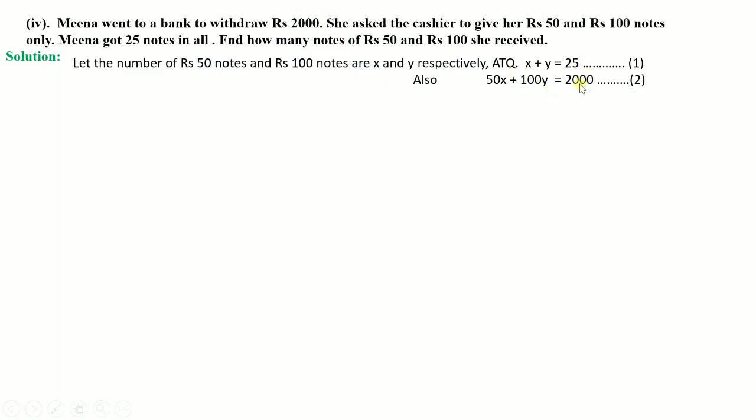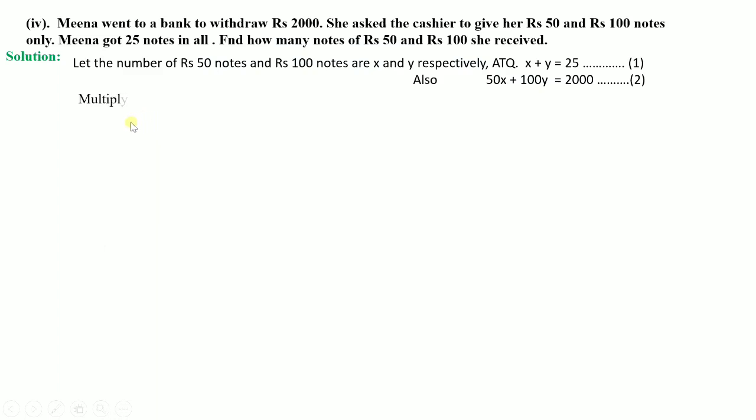So these two equations we have now. As you can see, here the coefficient is 1, here the coefficient is 50. So either we multiply equation number 1 by 50, that is easy, or multiply by 100 to make the coefficients of y equal. So let us proceed.